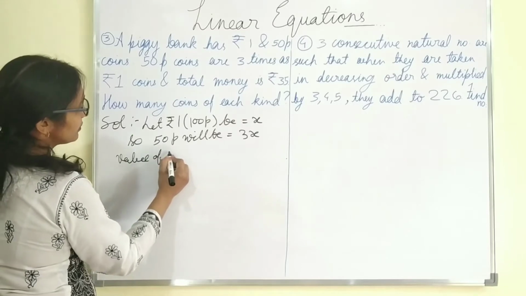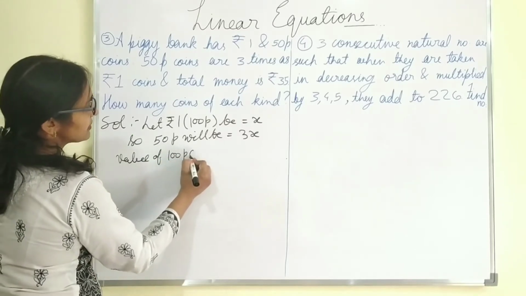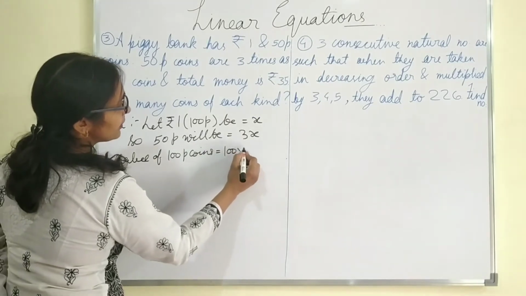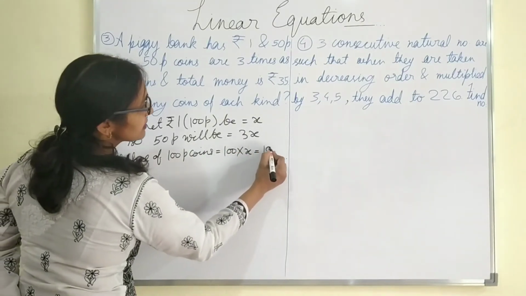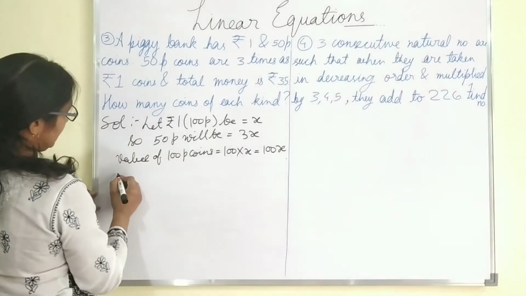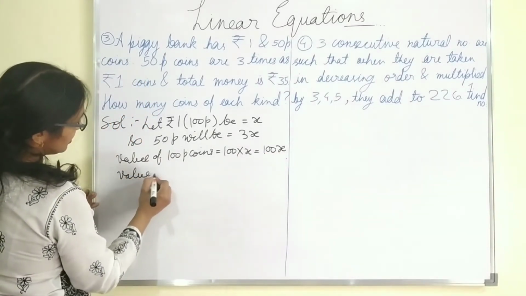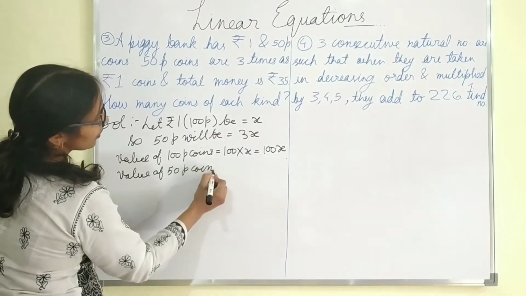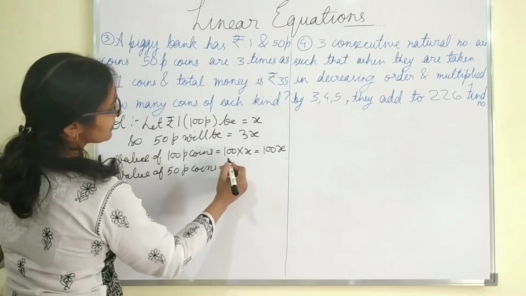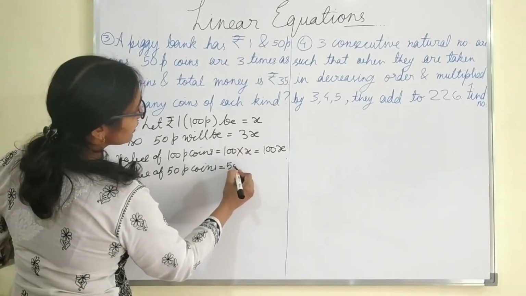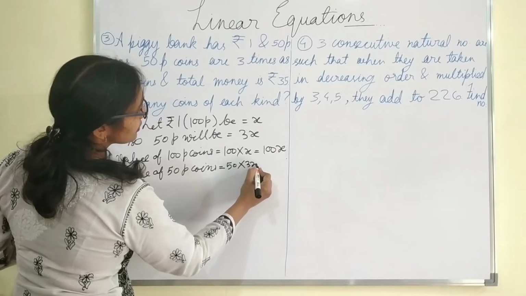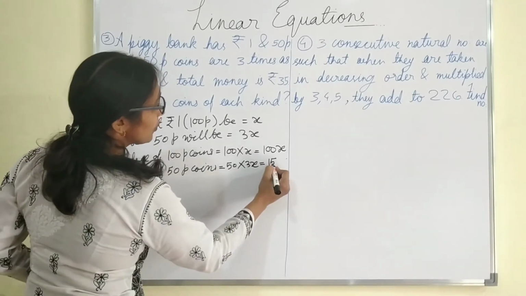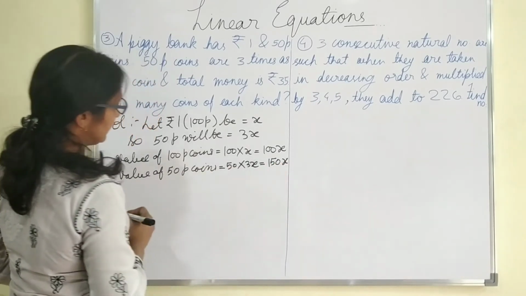Value of 100 paisa coins: 100 into x means 100x. Value of 50 paisa coins: 50 into 3x, so 150x.